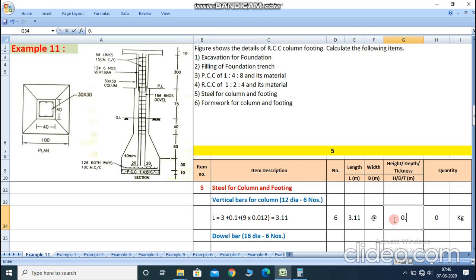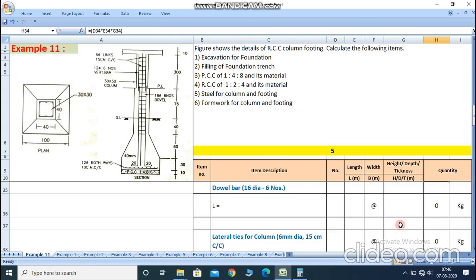So 0.89 is the weight per meter of the 12 mm diameter bar. So the total quantity in kg is 16.607 kg, from the multiplication of 6 multiplied by 3.11 multiplied by 0.89. So it's the vertical bar for the column.